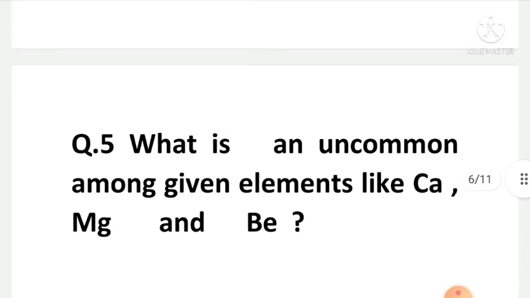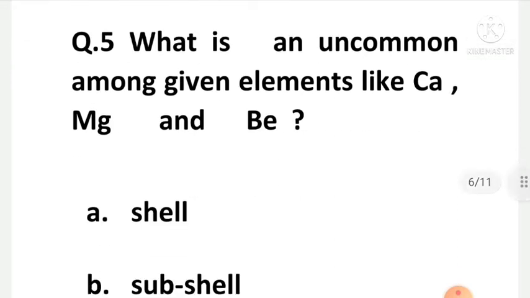Now we see the next question. What is uncommon among the given elements like calcium, magnesium and beryllium? Here uncommon means not similar; one or two features are exactly different from the others.